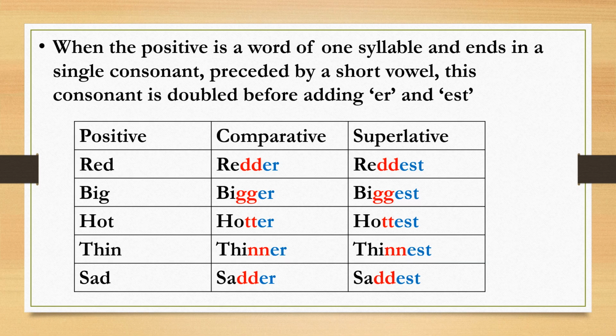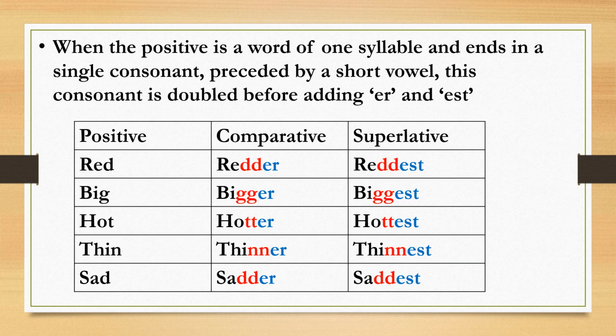Now, when the positive is a word of one syllable and ends in a single consonant preceded by a short vowel, this consonant is doubled before adding er and est.